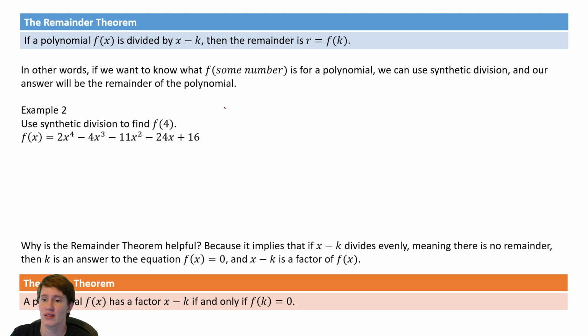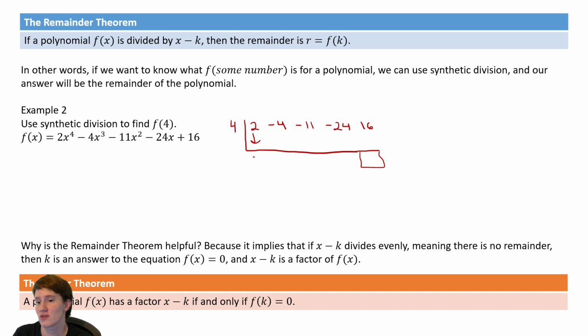This theorem is telling us that if we divide by the factor x minus 4, which for synthetic division means that we need to use a positive 4, and we take the coefficients for our synthetic division and put them here, then the remainder here is what we get for f of 4.